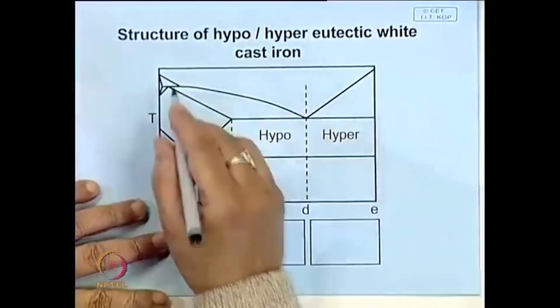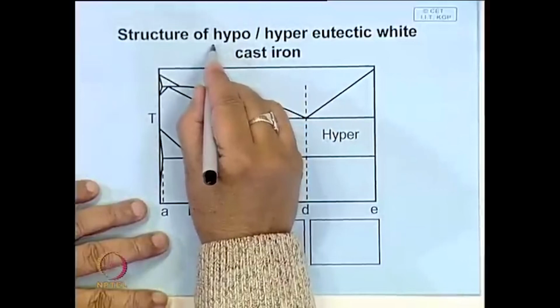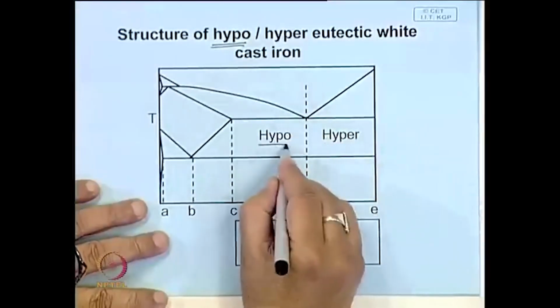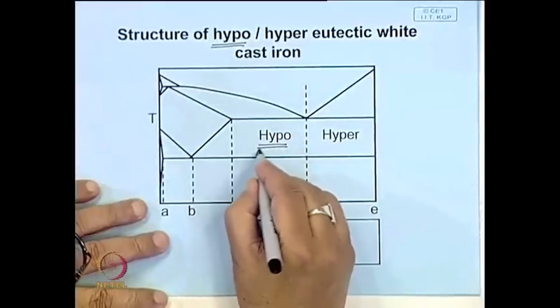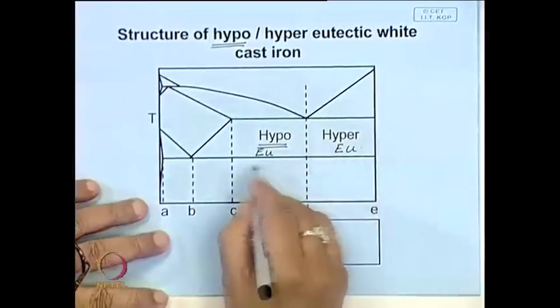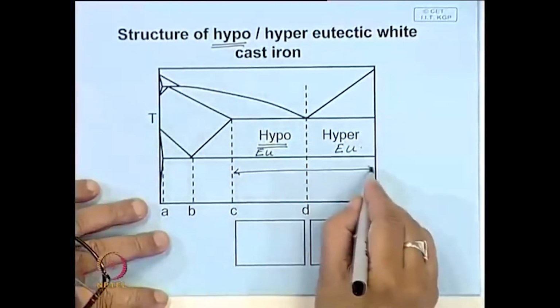Now, in the same terminology we can represent these alloys: these are called hypoeutectic alloys, this side is hypereutectic, and as I said, this area represents cast iron.